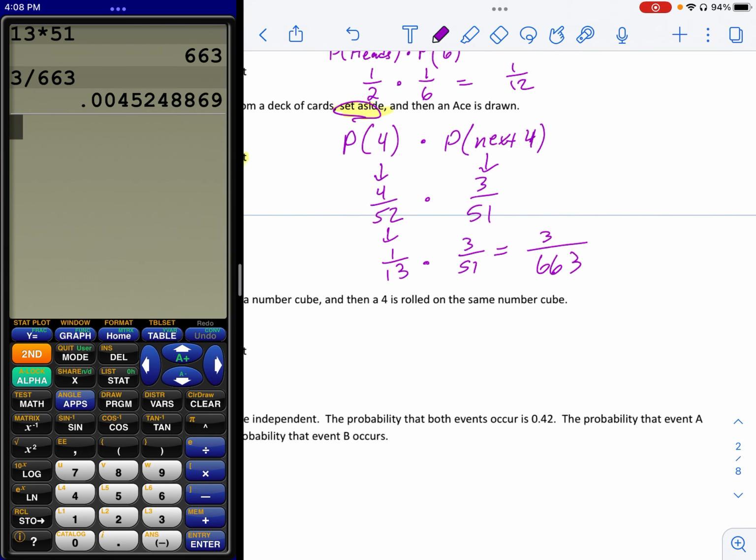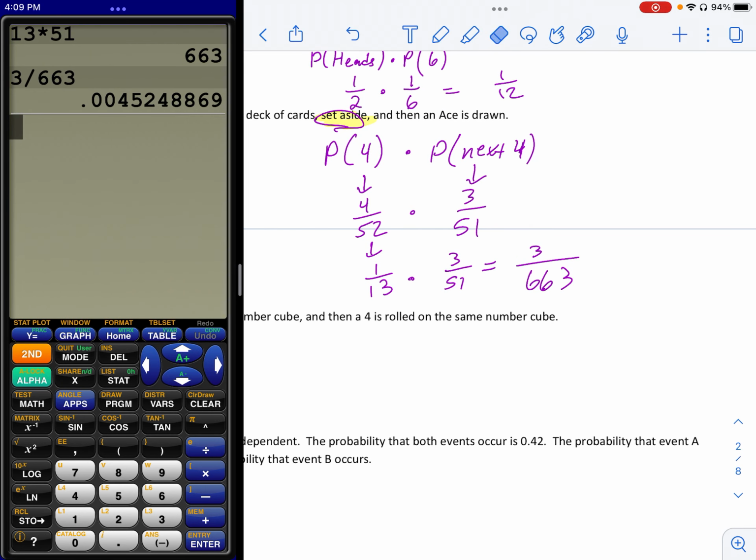Oh man, I just read the whole question wrong. It's not a 4, it's an ace. Well, shoot. Well, what changes, folks? Well, we learn from mistakes, right? This doesn't change, but now for the aces, there's not 3 aces, because I drew a 4 out and I didn't put the 4 back.